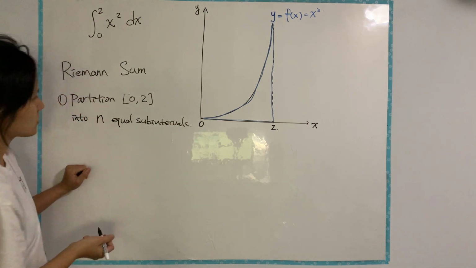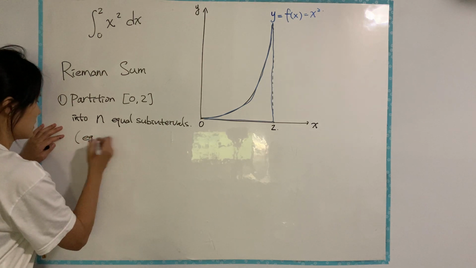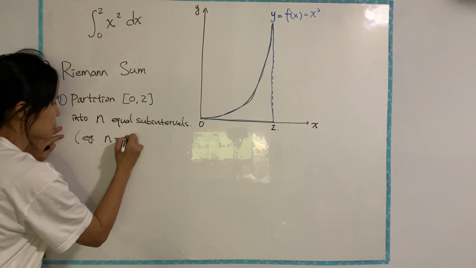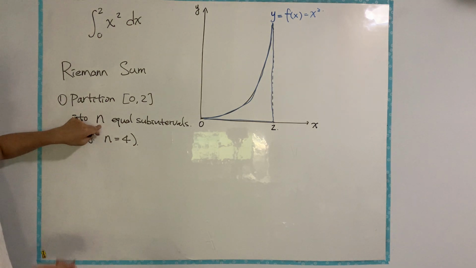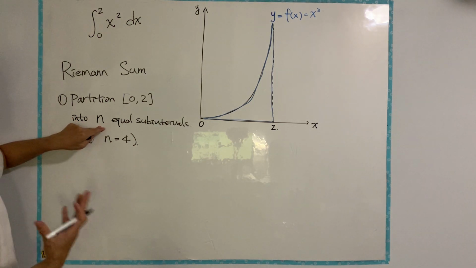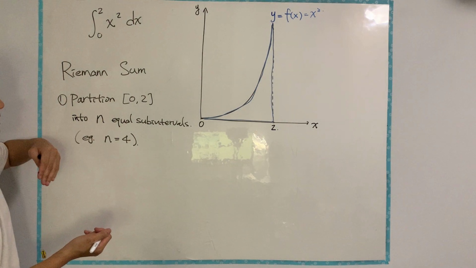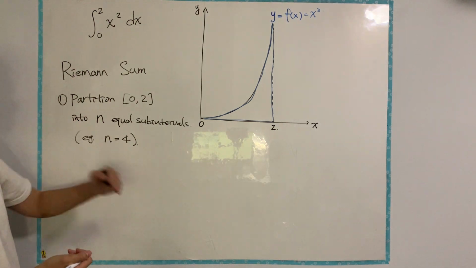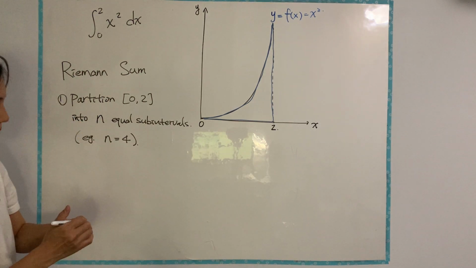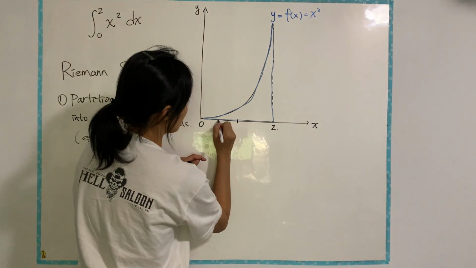Okay, so let's say n equals 4. The reason why I use n as opposed to an actual number is that eventually I want this n to be approaching infinity. So this n will get larger and larger. Okay, so we want to chop this interval into 4 equal pieces.